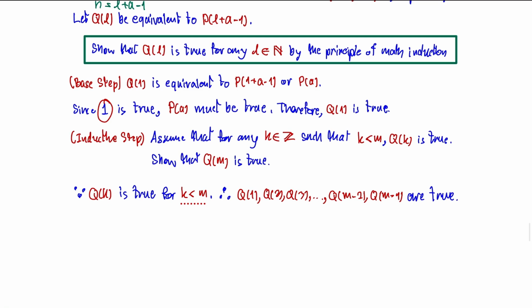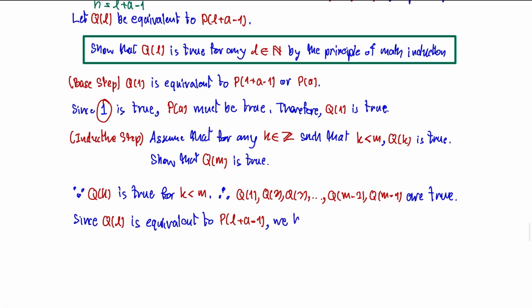Since I'm going to copy this statement, Q of L is equivalent to P of L plus a minus 1. What do we have? When L is 1, we're going to have P of a.